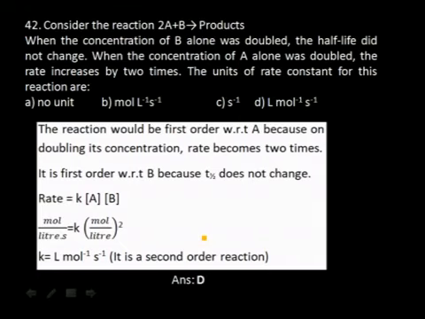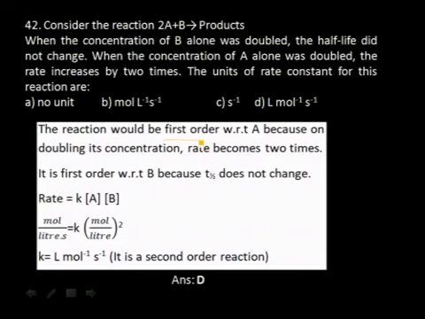Since the concentration of B alone was doubled, the half-life did not change. That means to say, when the concentration is doubled and the half-life remains the same, t half of the reaction does not depend on the concentration, and that is a characteristic property of what is called a first order reaction.